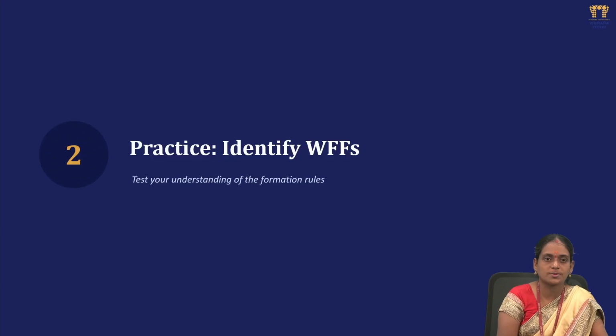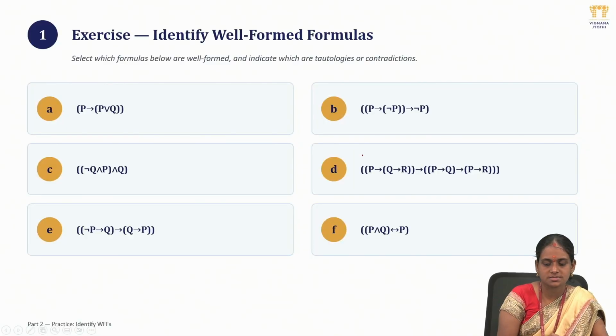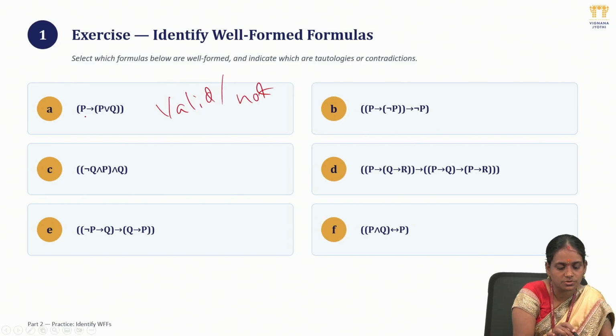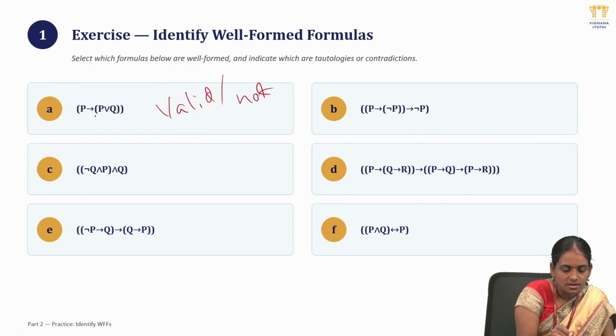And next, identification of well-formed formulas. Already there are some examples of how we find whether a formula is valid or not. Just you can see here the first example. You can check in depth: P or Q, so we perform the operation, and after performing this operation we again need to apply implication.